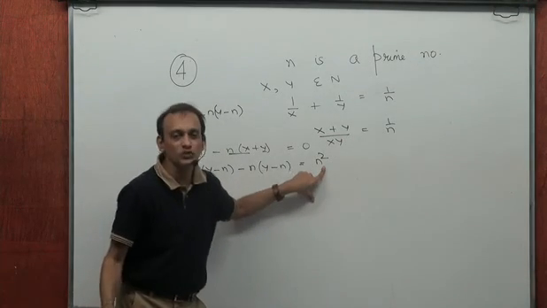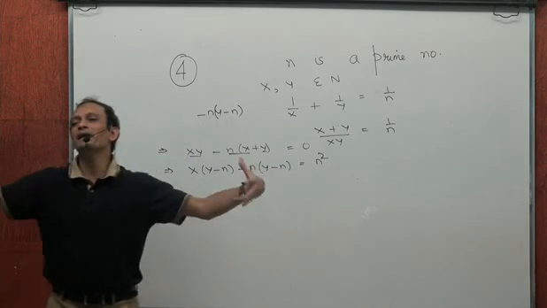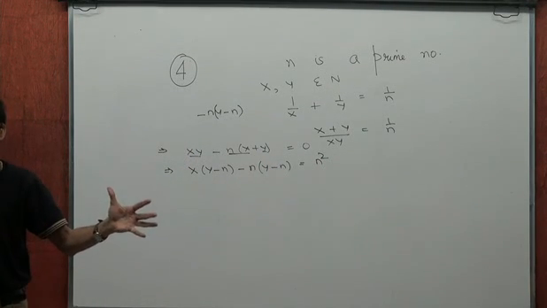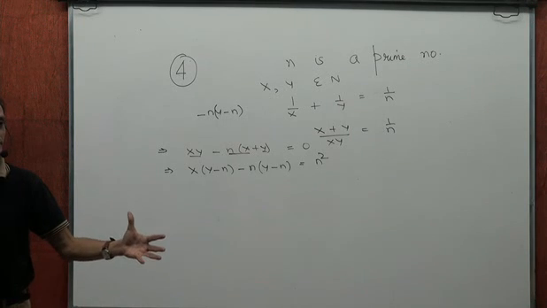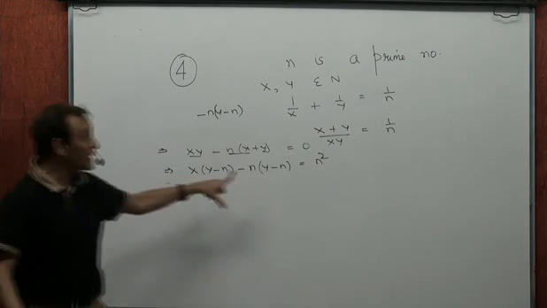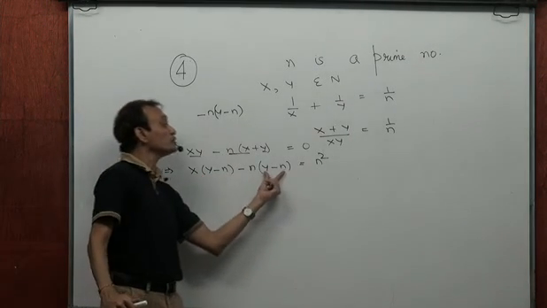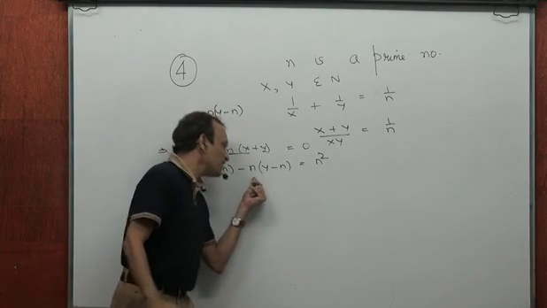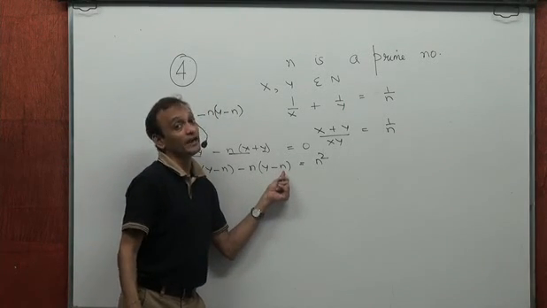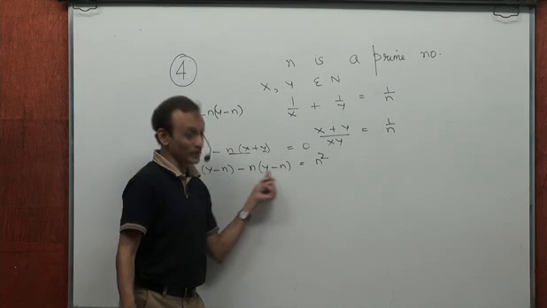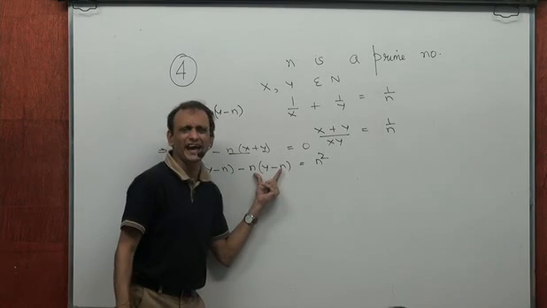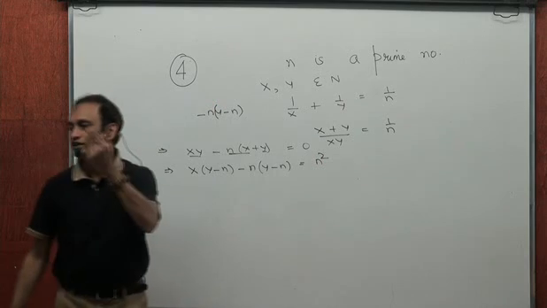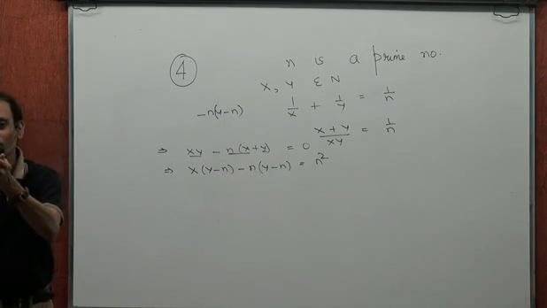There was never an n squared on the right hand side, but I placed an n squared on both sides to make the left hand side look graceful and reachable. And the reason I put an n squared is because I wanted a y minus n common between these two terms. ny was already there, but n squared was not there. So essentially, on the left hand side, what did I add? n squared. And I balanced it with an n squared on the right hand side. Does it make sense to all of you or not?